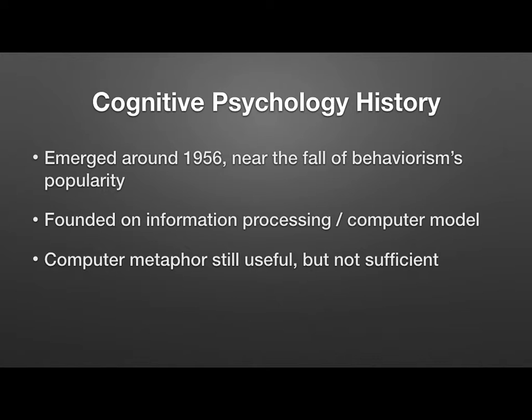And basically this is fortunate for us, most of us being computer scientists or interested in the field of computer science. The metaphor that cognitive psychology used, and that they still mainly use today, is a computer metaphor for the brain. And that's not accurate at all, really, but it's a convenient way to think about it.